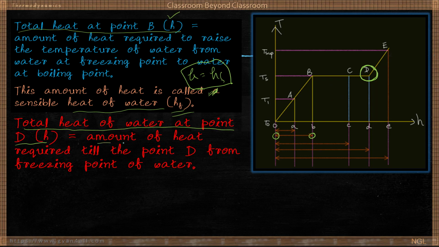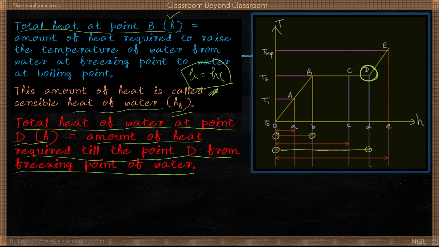Now we will say the amount of heat required till point D from the freezing point of water, and in this diagram that is from this point to this point, Od. That will be called total heat.